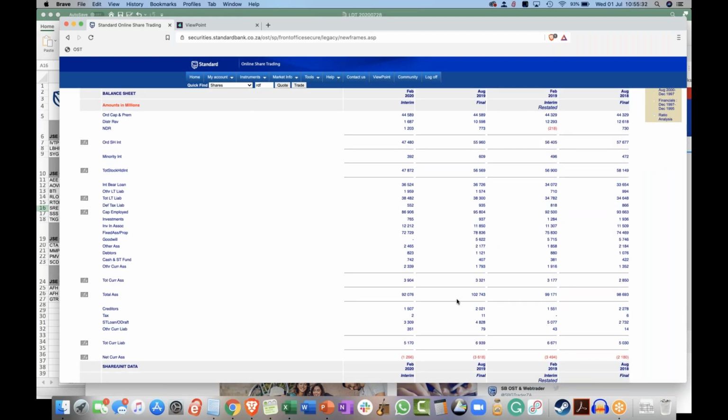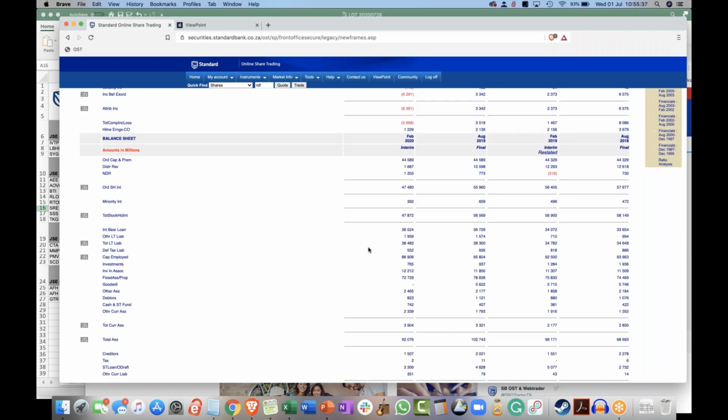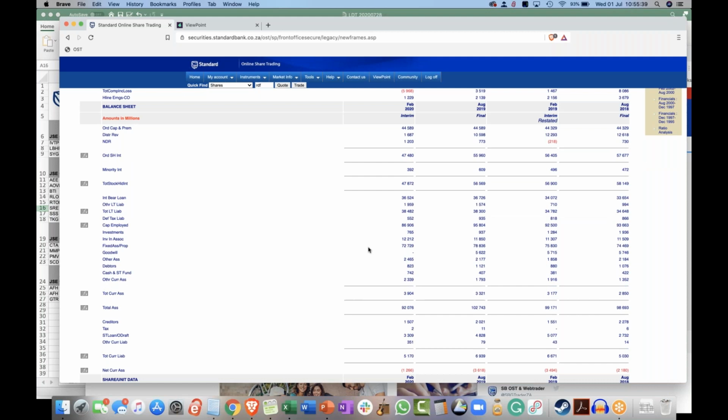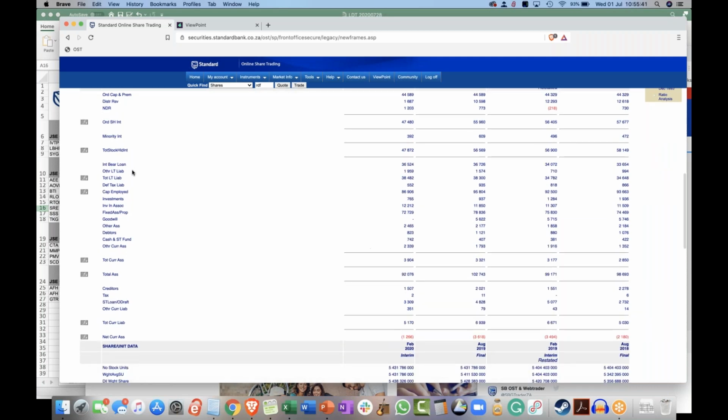We will find the debt, but we're not going to get much detail around that debt. It pops up in the results because it's part of your interest-bearing loans, below that other long-term liabilities, total long-term liabilities, etc. So it gives you some information, but not a giant amount.